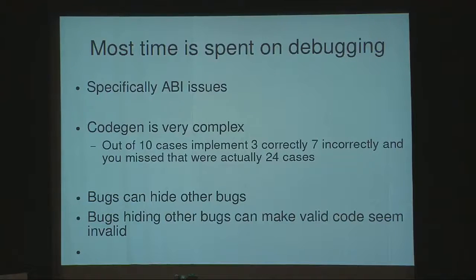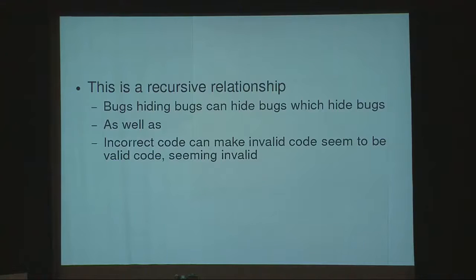Bugs can hide bugs, which can make invalid code seem valid in some circumstances because they happen to cancel each other in some circumstances, and in others they don't. And that is a recursive relationship. Bugs hiding bugs can hide bugs which hide bugs. And this should show you that debugging this low-level assembly form of code is really, really hard.